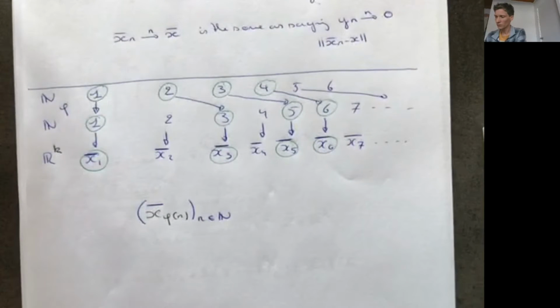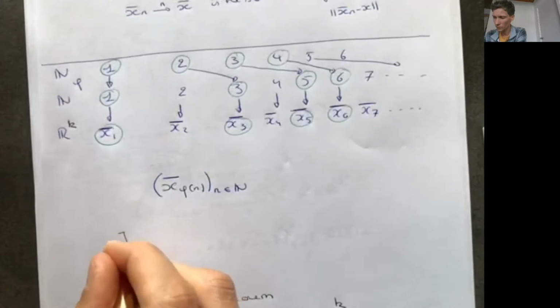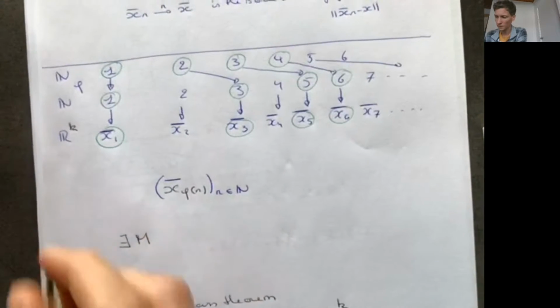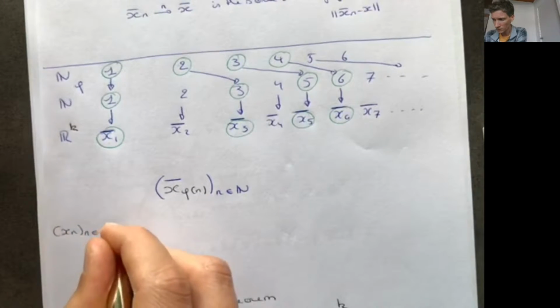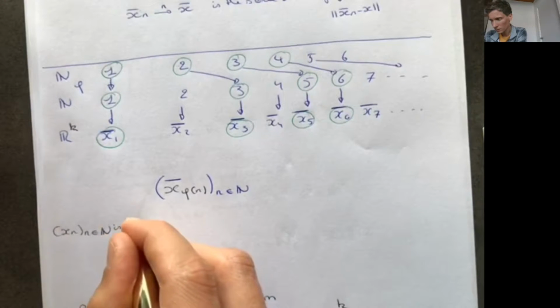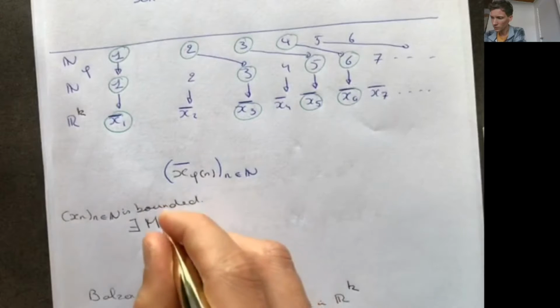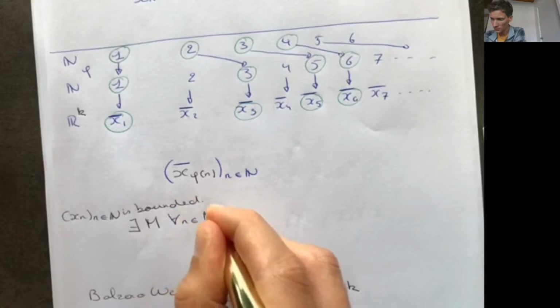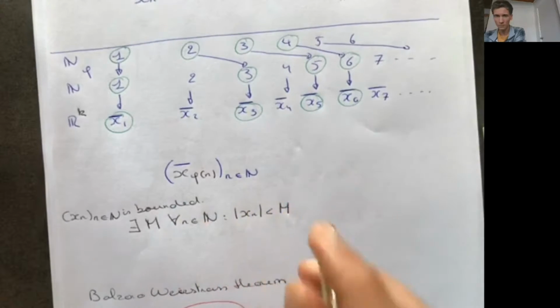Remember, a sequence of numbers xn was bounded if we could find a number m such that for all n the absolute value of xn was smaller than m.